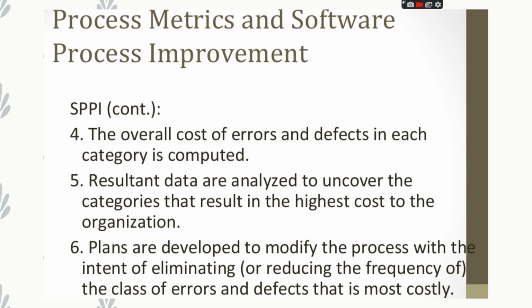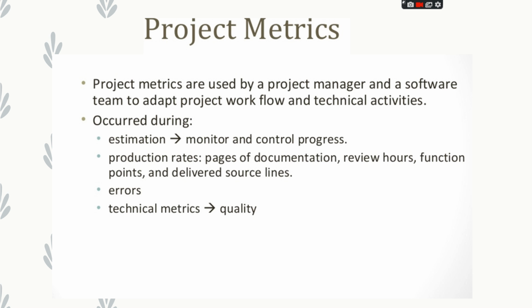The overall cost of errors and defects in each category is computed. The resultant data is analyzed to uncover the categories that result in the highest cost to the organization so that they can be avoided. Plans are developed to modify the process with the intent of eliminating or reducing the frequency of the class of errors and defects that is most costly.